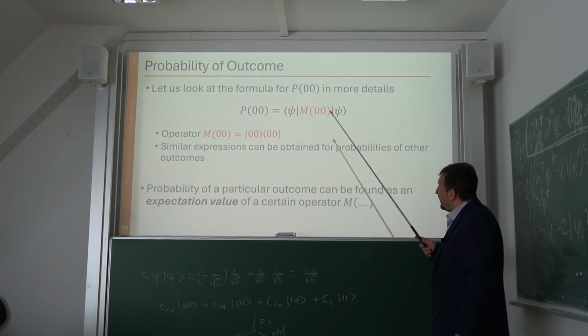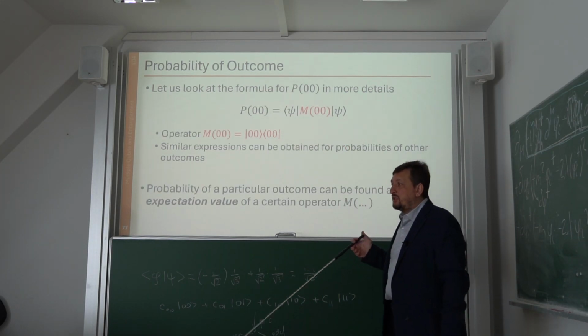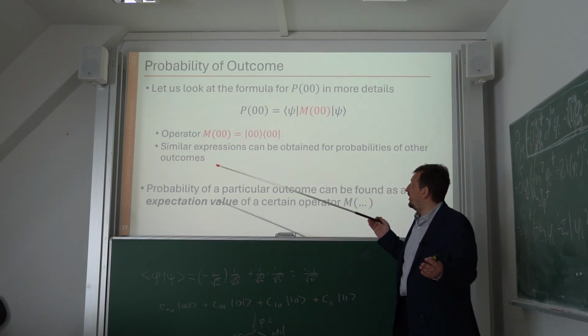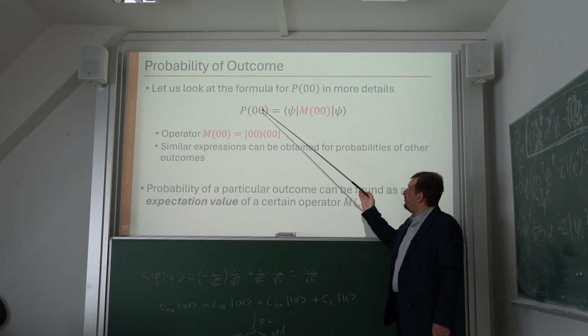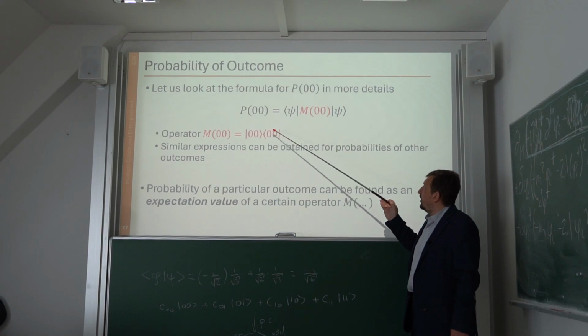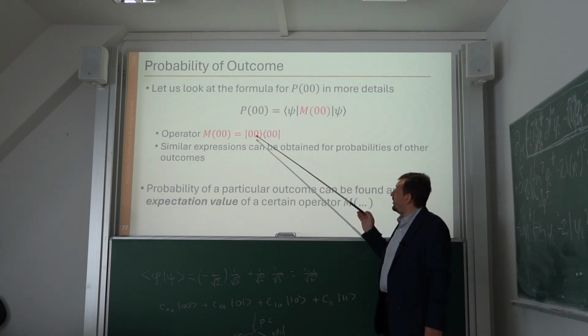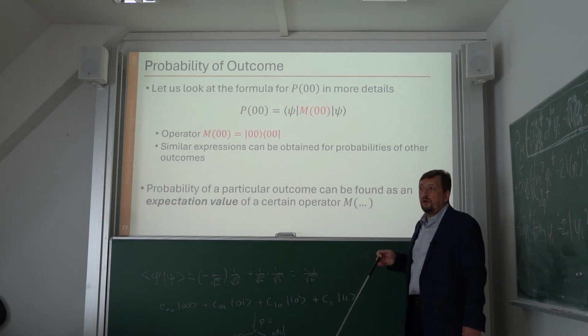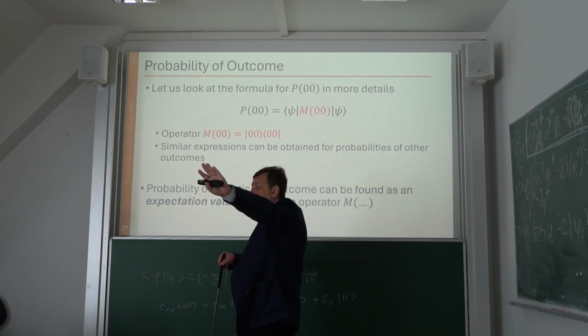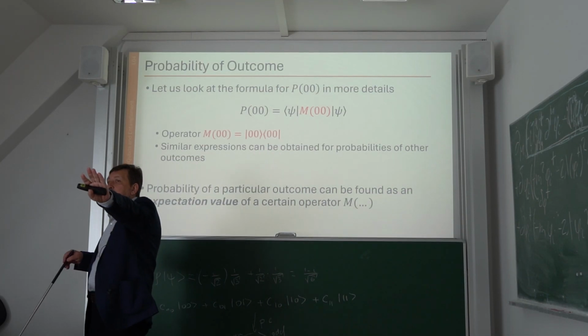Okay, and we can obtain similar expressions for all other outcomes of measurements. For example, if we want to measure the probability of the 0, 1 state, this operator will be 0, 1 and 0, 1. Take only the 0, 1 component of the wave function and keep it.